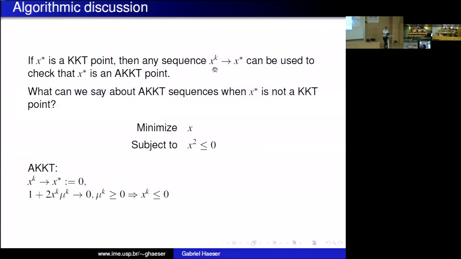You can compute the Lagrange multipliers, and in fact you can use the true Lagrange multipliers to check that the gradient of the Lagrangian is going to 0. So you can check that this X star is an approximate KKT point, no matter how you are converging to it.